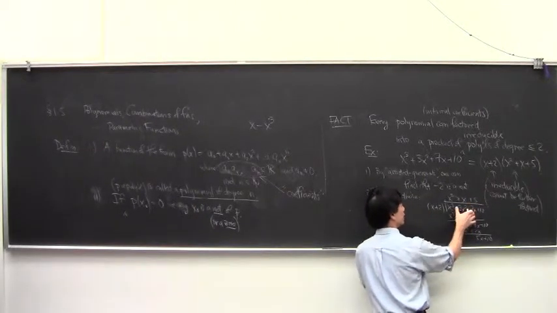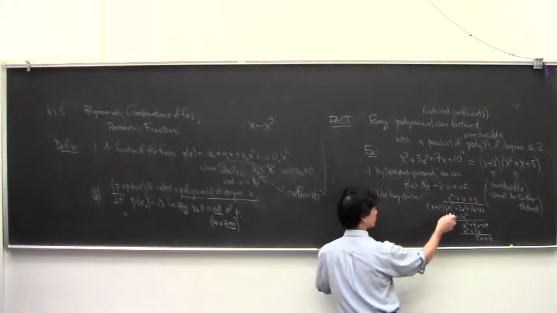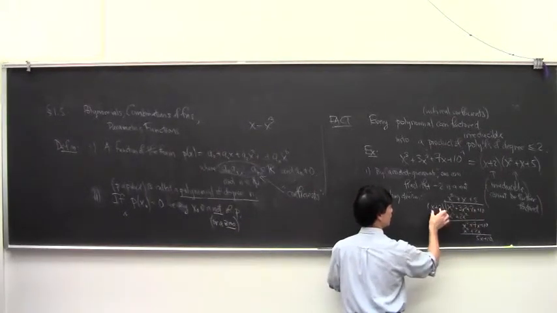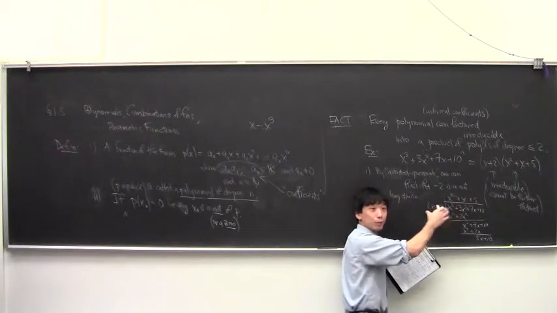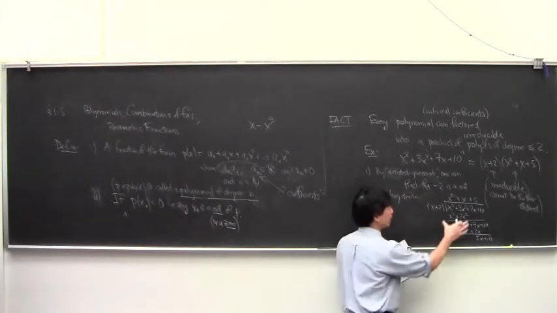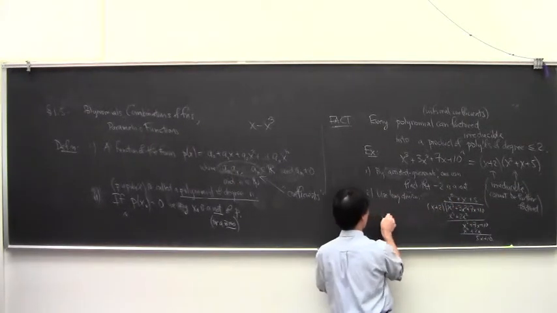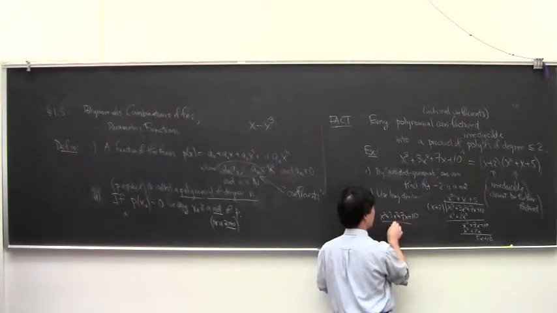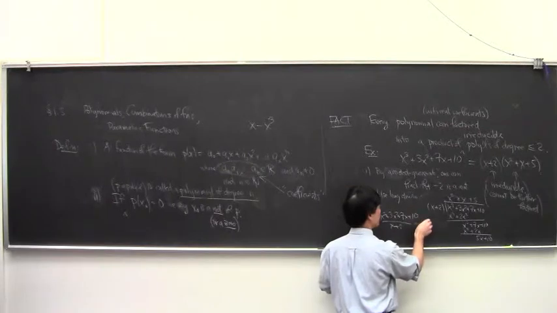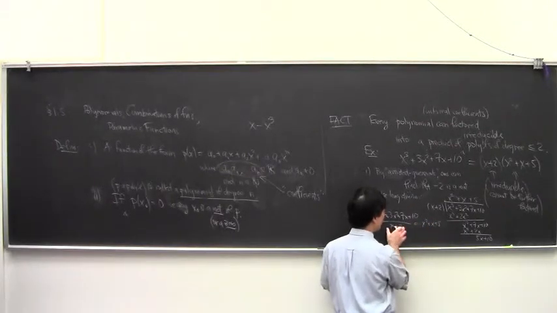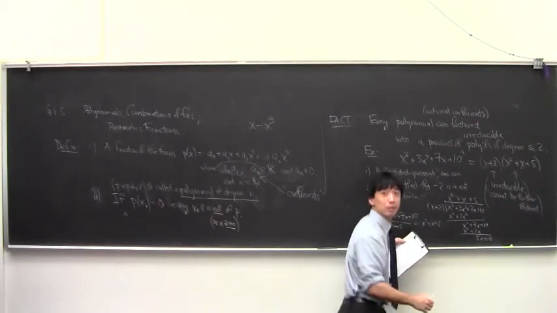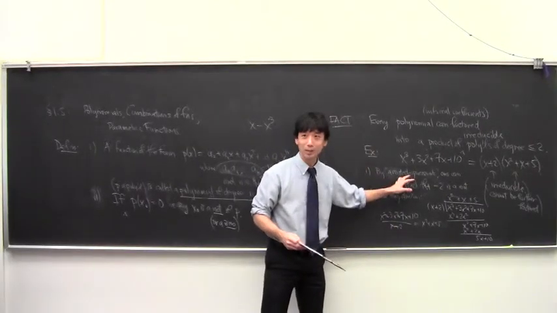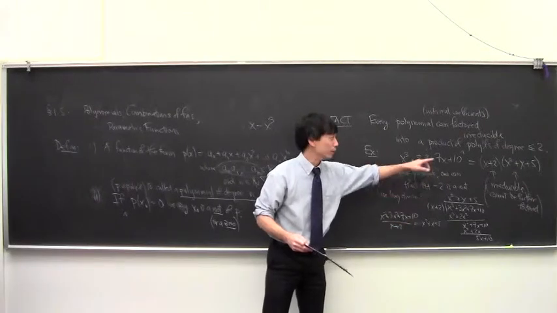So this thing divided by this gives you that with no remainder, and then you multiply it on both sides. So you can use long division to factor if you can guess a root.